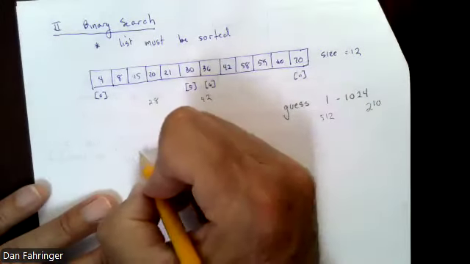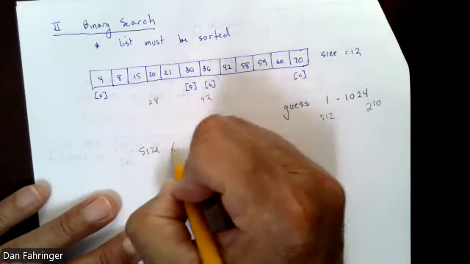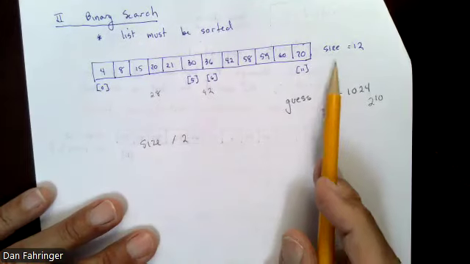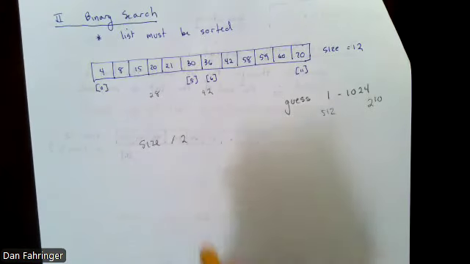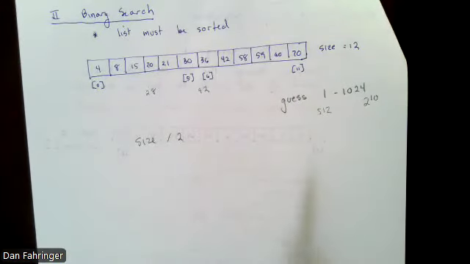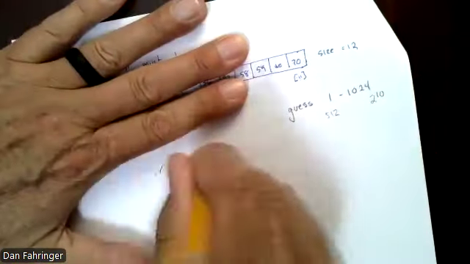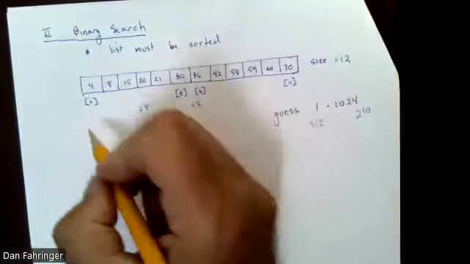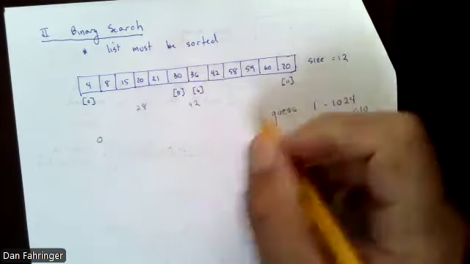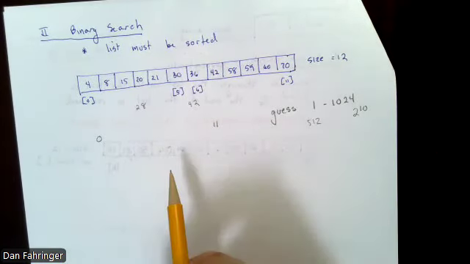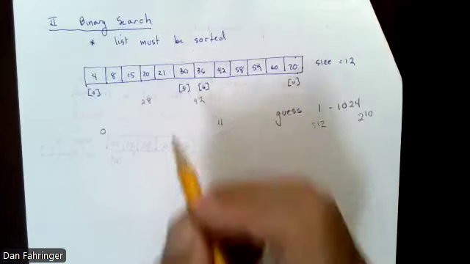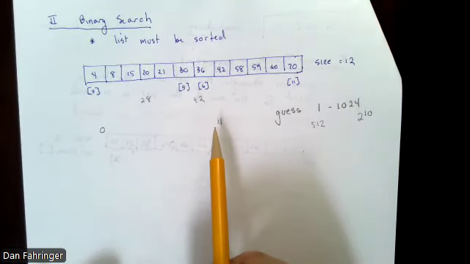Okay, for your index, I'm thinking size divided by 2 because, let's see, my first guess would be something like, I need to go through this. I have the subscripts from 0 to 11, and my first guess might be something like just a rough number in the middle.